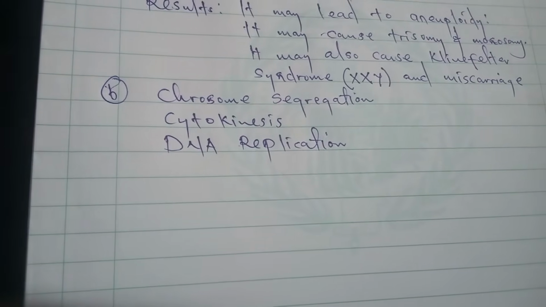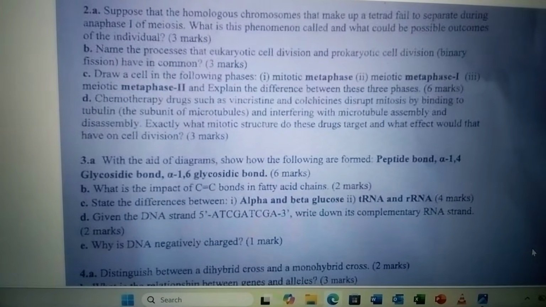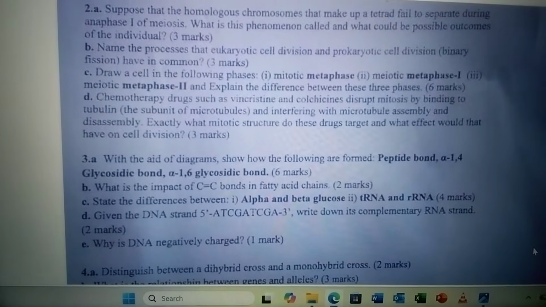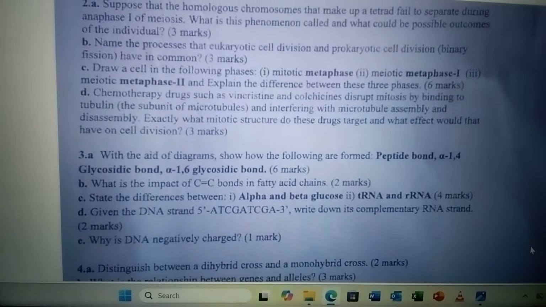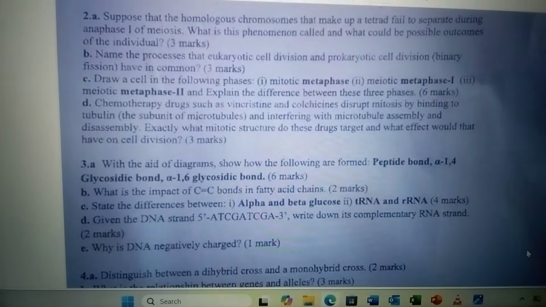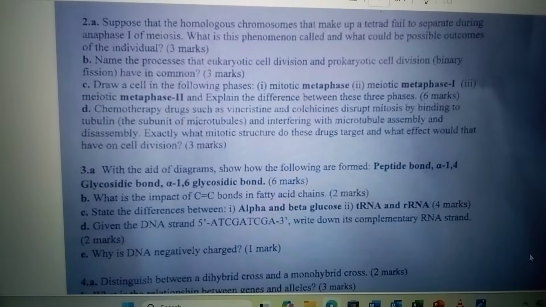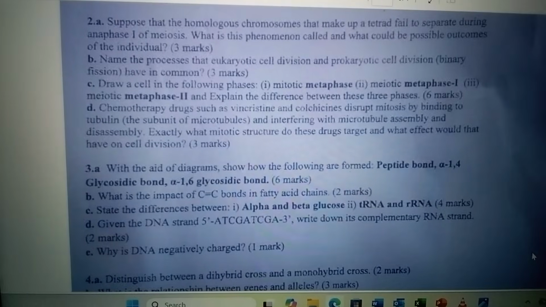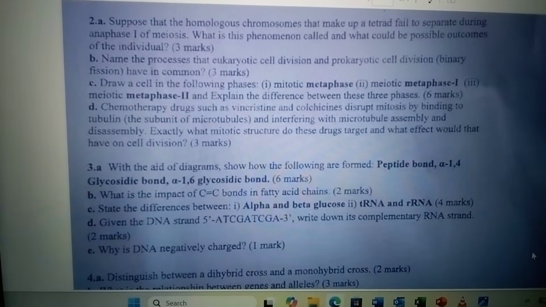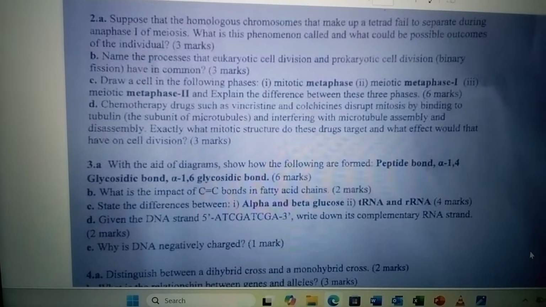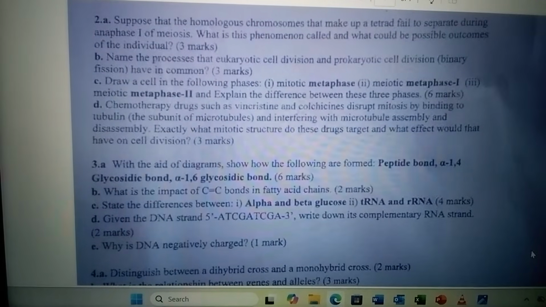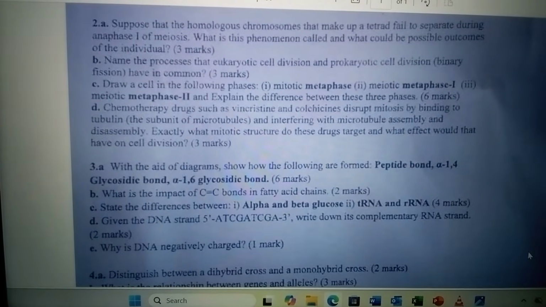So we proceed to the next one. They are saying, draw a cell in the following phases: mitotic metaphase, meiotic metaphase 1, and meiotic metaphase 2, and explain the differences between these 3 phases.